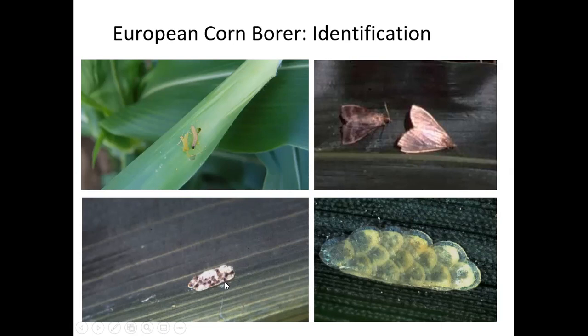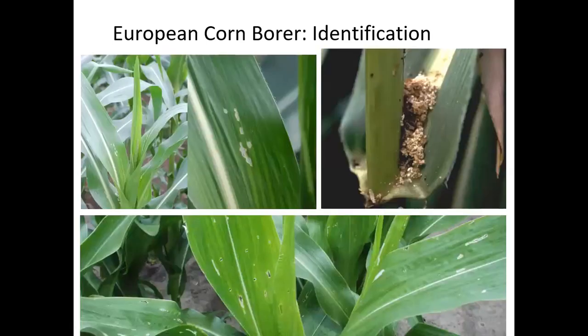When you look at it closely, you can see just a curled up little body with a head capsule in it. And that means that it is about to hatch, which is our ideal timing for control. The earlier, the better for this pest. If we can catch them right as they're hatching from their eggs, that's going to provide the best level of control. So scouting for eggs is our primary method of monitoring.